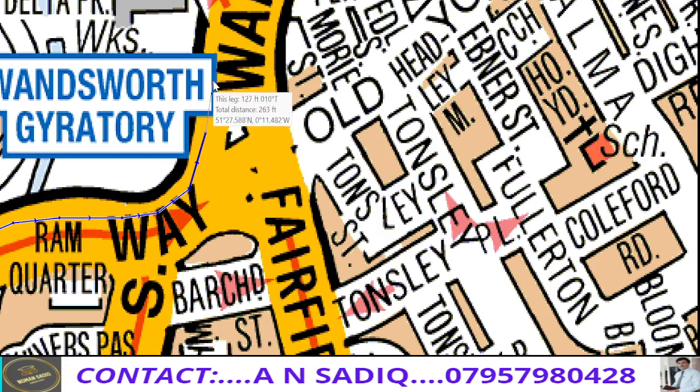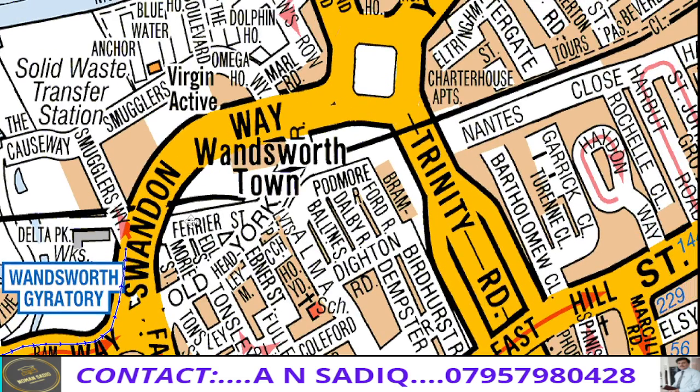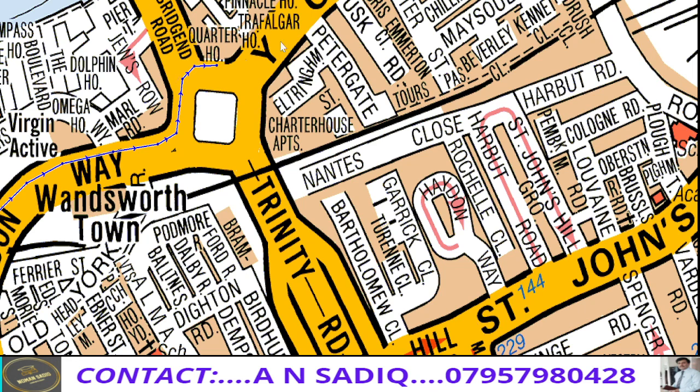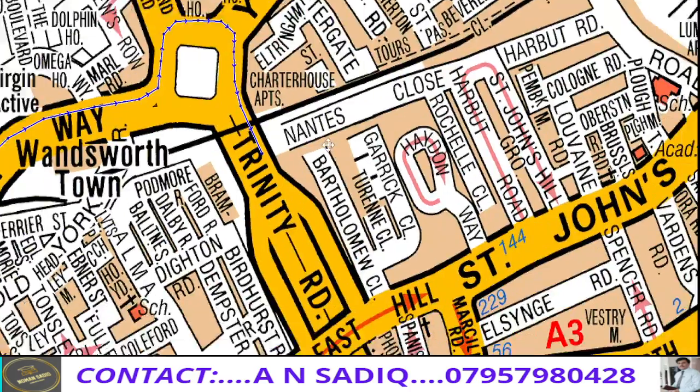Now I will draw my route like this. When I reach here, again I have to reach this point. So I will simply draw my route, keeping it towards the left hand side of the road. I will go along this way here, and there is a railway line, so don't worry about that.